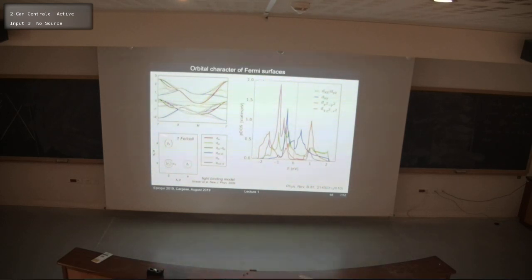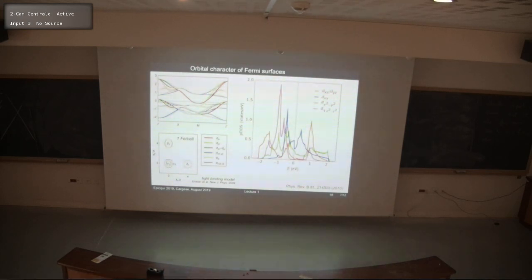And if you go around the Fermi surface in this plane, you cross from a dxy character in these places to a dz2 character, whereas here the green one is the dyz character, and again the hole bands also change. So what's often found in many systems is that these three orbitals are the most important.